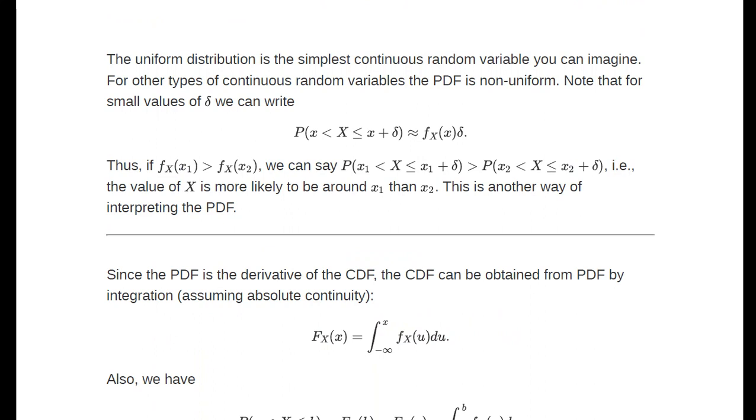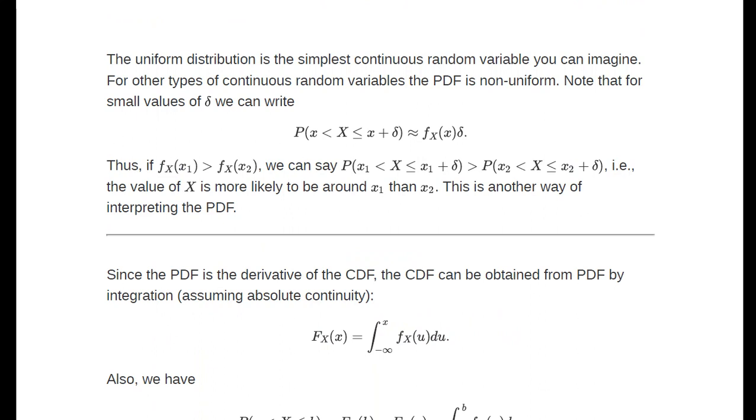Thus, if f_X(x1) is greater than f_X(x2), we can say that the probability of X being between x1 and x1+δ is greater than the probability of X between x2 and x2+δ.